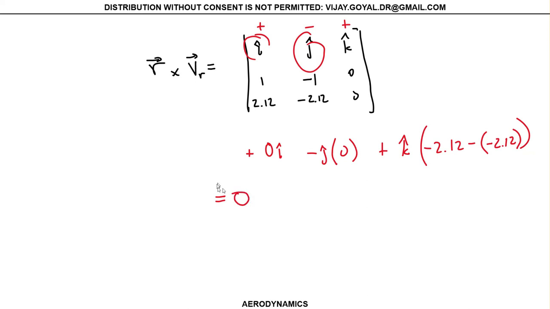Okay, and if I ask you what is the consequence of this being equal to 0, does this actually make sense or not? Well, you have to know that it does make sense, because this is really saying that my R is parallel to my velocity.